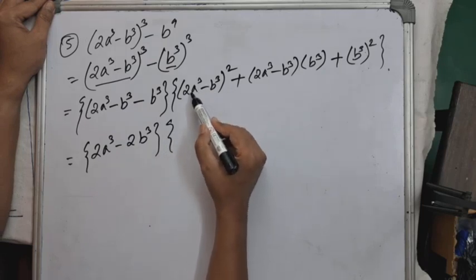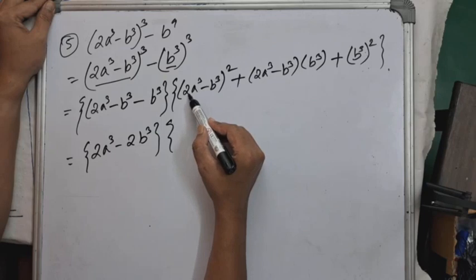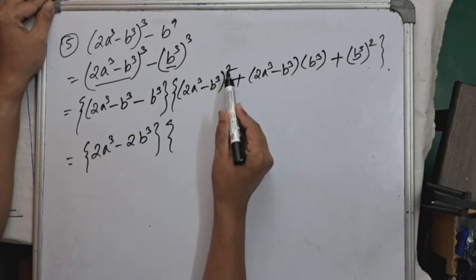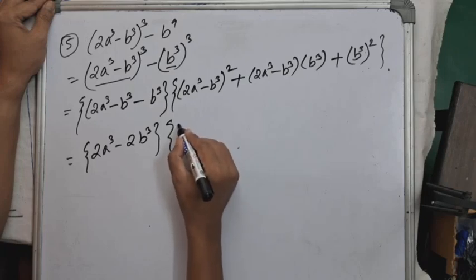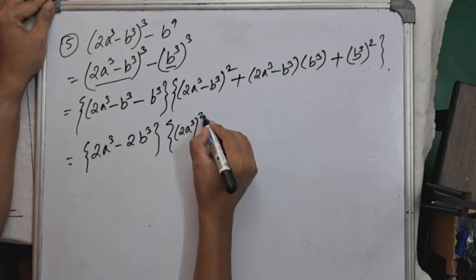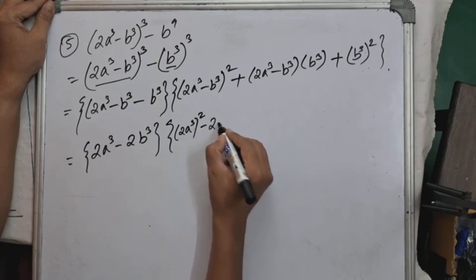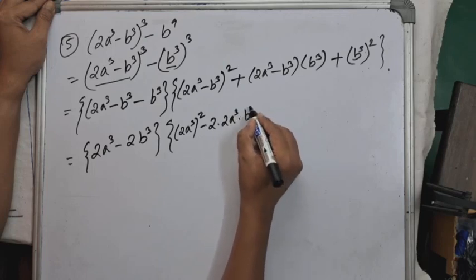Now we have 2a cube minus b cubed whole squared. We can assume this as a minus b whole squared, which means a squared minus 2ab plus b squared. A is 2a cubed, b is b cubed.